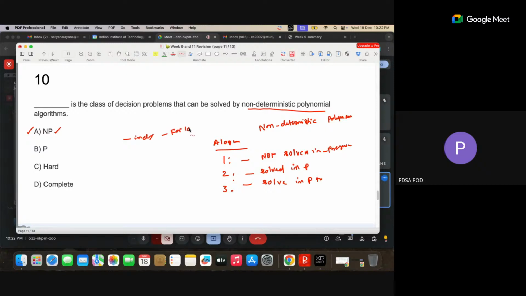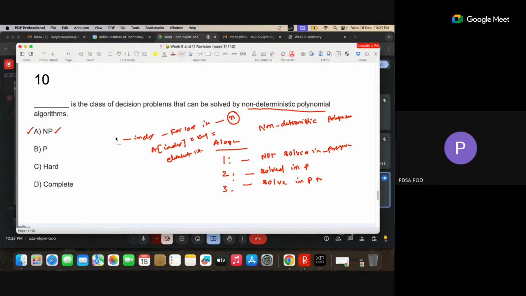Once this index matches the array element at that index with the key value, we say that the element is found. This for loop takes O(n) complexity, because you iterate from the first element to the last element.